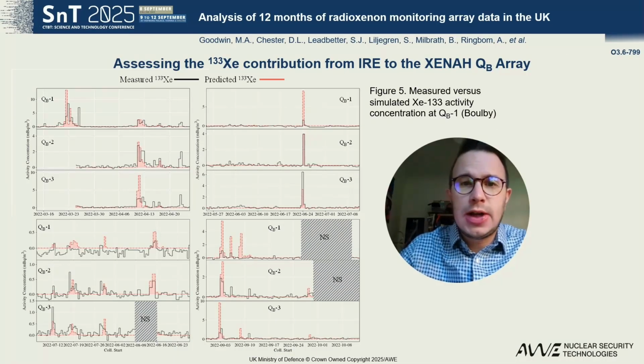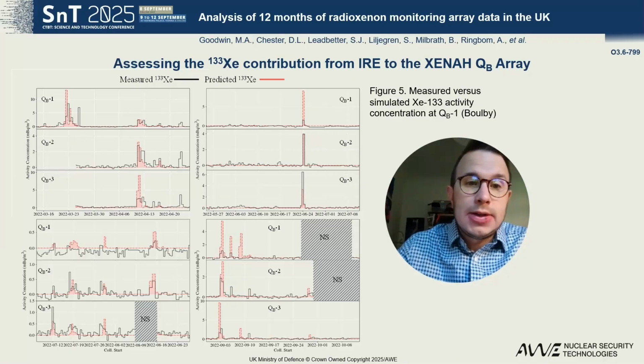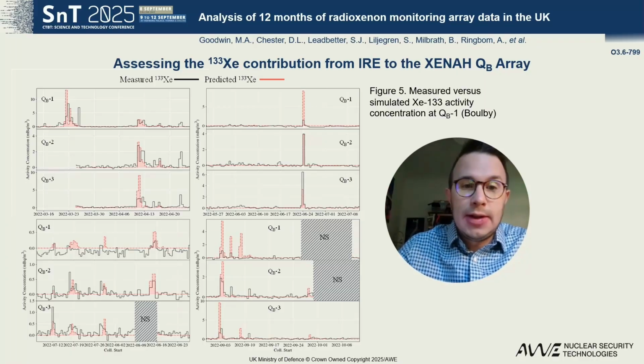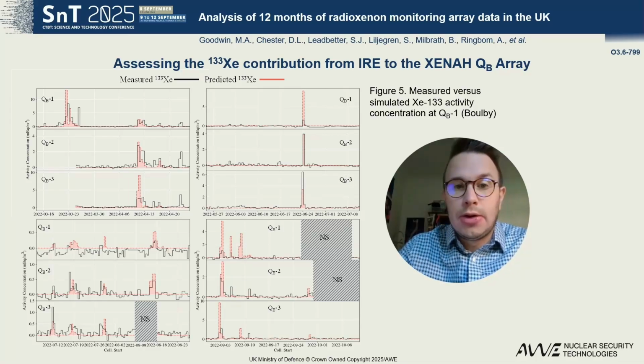So I mentioned IRE being a significant background source. It's well known and well published that this is a big background source in mainland Europe. IRE provide stack data through the SAX project, and this data was invaluable in determining the impact of IRE on our sensors.